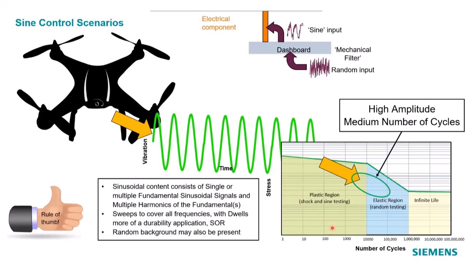In looking at the SN curve and how fatigue and damage relate to this application, the amplitudes are a bit higher, in the higher elastic stress range and even maybe in the plastic region. Higher amplitudes, medium number of cycles.